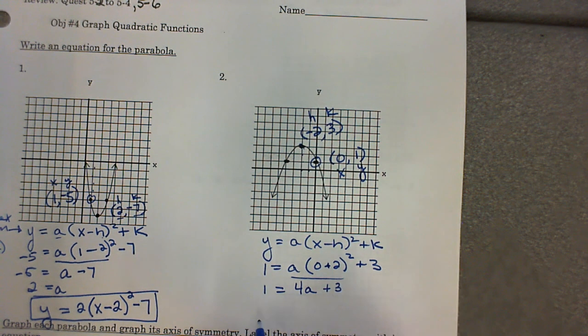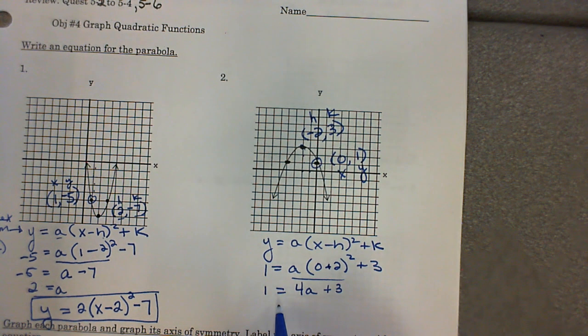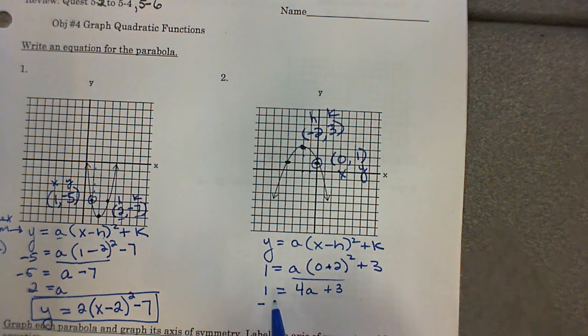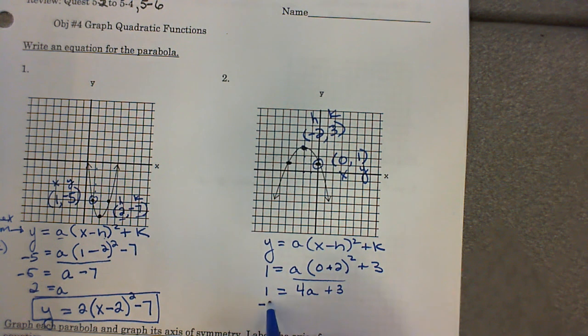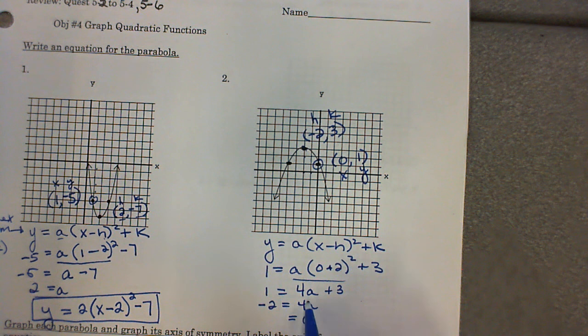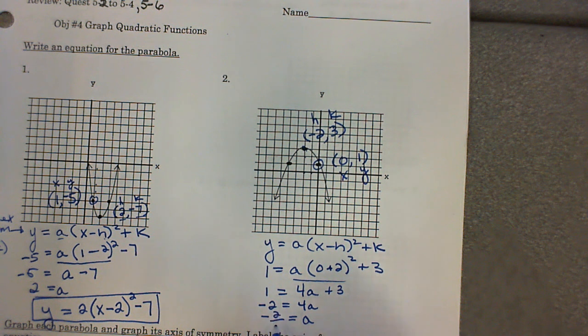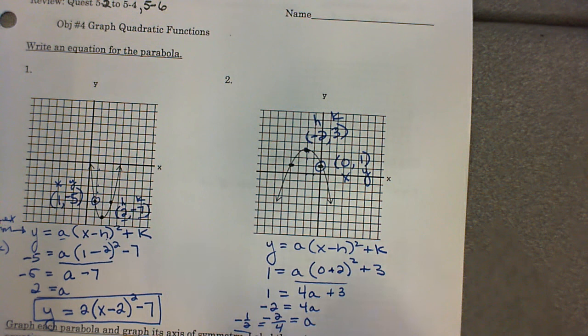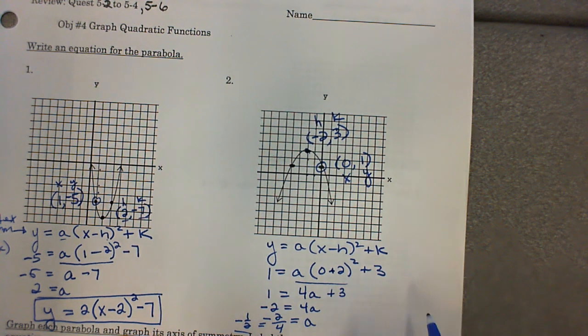Bring the 3 to the other side, and we've got negative 2 equals 4a. Divide by 4, you get negative 2/4, which is equal to negative 1/2. So your a is negative 1/2.